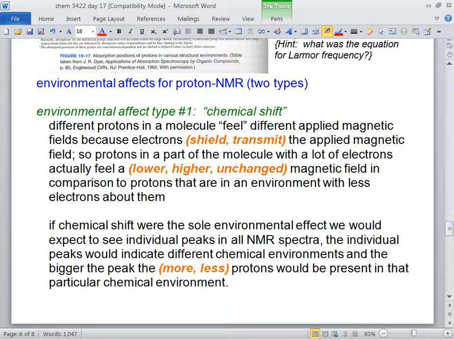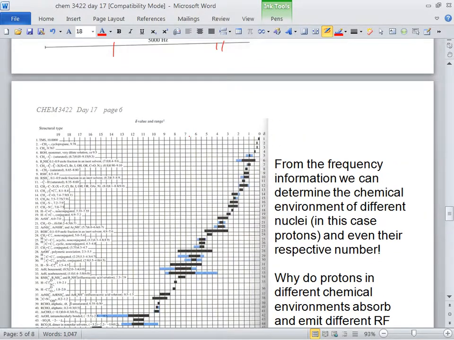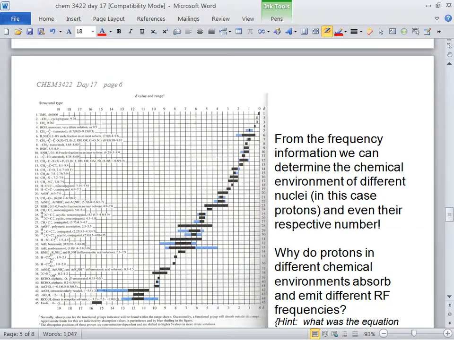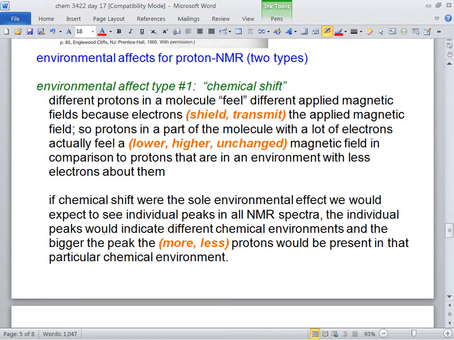Environmental effects for proton NMR. There are 2 types. So how can there be this table of different hydrogens giving different Larmor frequencies? Environmental effect type number 1: chemical shift. Different protons in molecules feel different applied magnetic fields because electrons shield the applied magnetic field.